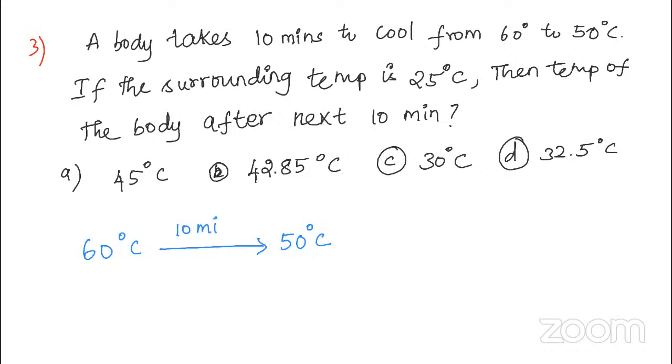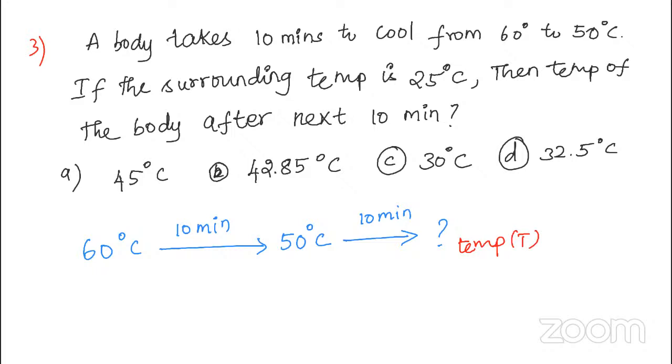In 10 minutes it becomes cool from 60 to 50. Okay, after 10 more minutes, what will be the temperature? So here we have to take the temperature value as T. Simply we take it as T.